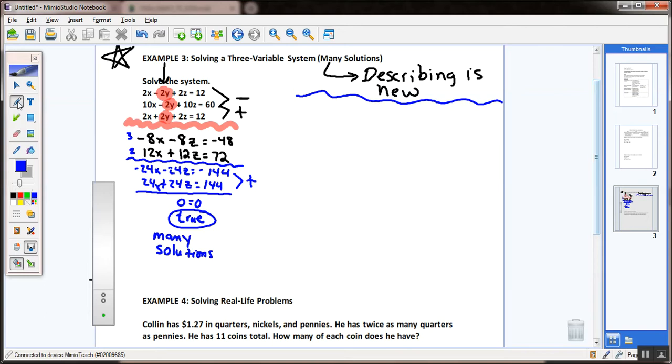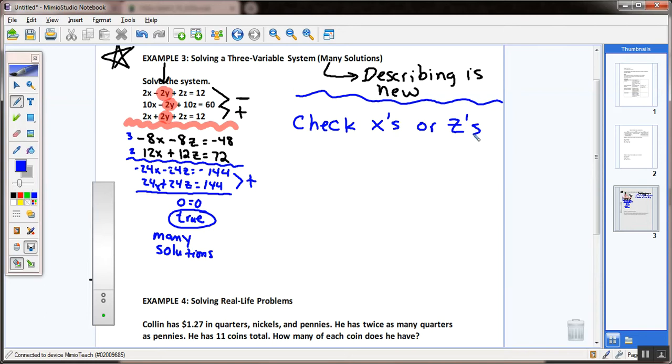If you ever have many solutions, check out row 1 and row 2, checking x's or z's in this one. What do we check first to start with, kids? What variable do we choose first? In other words, what variable do we say we're going to make the same right away? We chose the y's, and it turned out the y's were already the same to begin with.